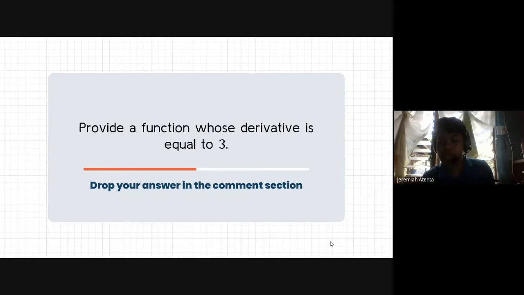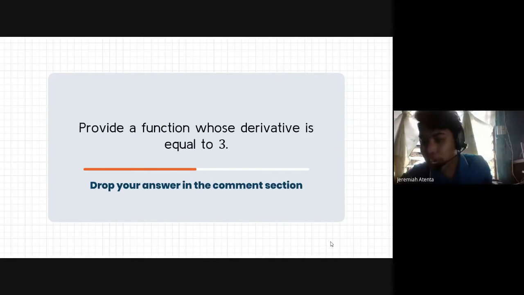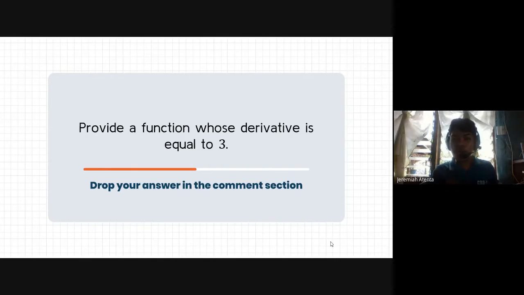Let me check if there are answers here in the chat box. Meron na ba? Again, you are going to provide a function whose derivative is equal to 3. We have answers here from Ruthie and Angelique: 3x, f of x equal to 3x. I will just write it here.